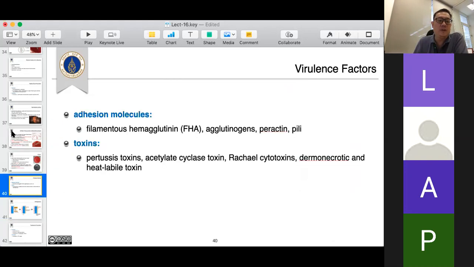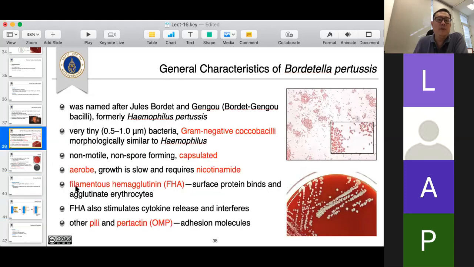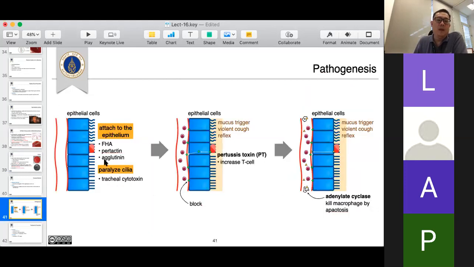FHA refers to filamentous hemagglutinin. That binds to the epithelium and they attach to the cells, and they release tracheal cytotoxin to paralyze the cilia of the epithelium cells, so then they cannot get rid of bacteria.